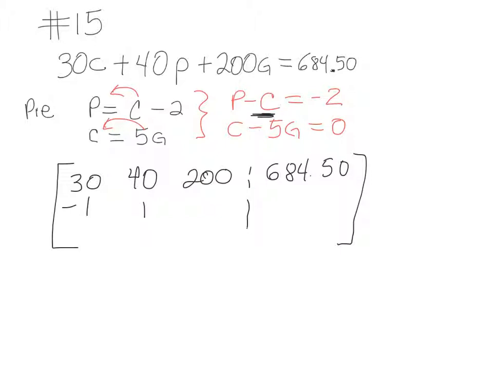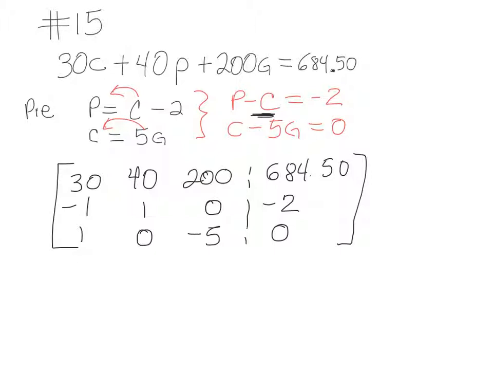Giant cookies on that equation? 0, and that should be -2. Now, the third equation: how many cakes? 1. Any pies? 0. Giant cookies? -5, and that is 0. So that is the augmented matrix that you need to work with.